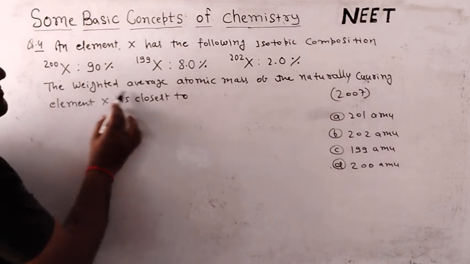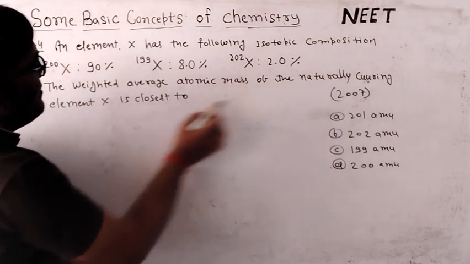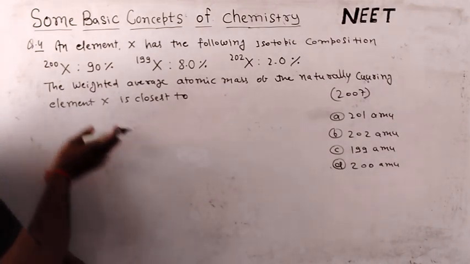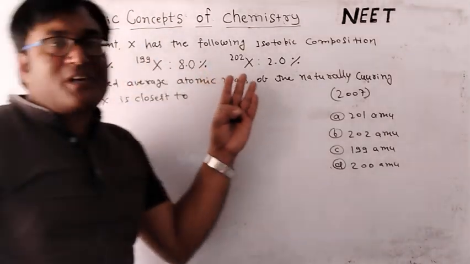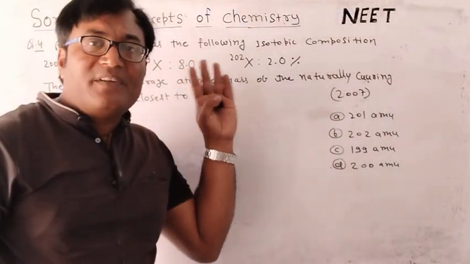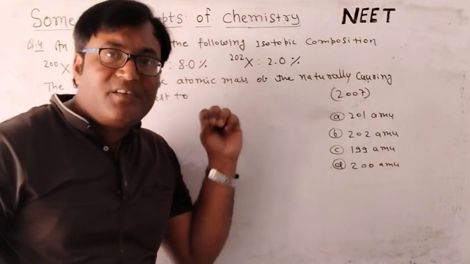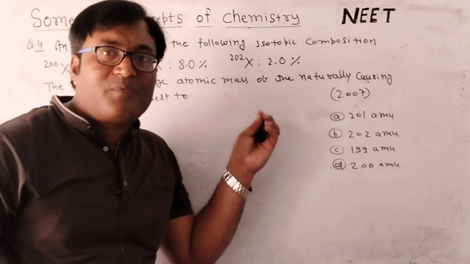Now, the weighted average atomic mass of the naturally occurring element X is closest to. Options are given. According to this question, these three isotopes are given, their atomic weight are given, their natural occurring percentage are given. Now, what is average atomic mass of these isotopes, isotopic elements X?